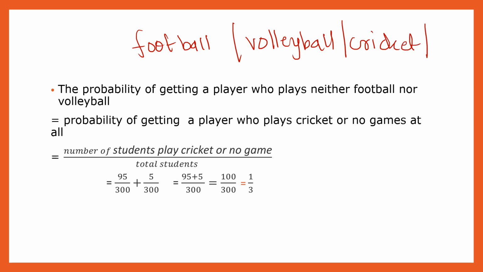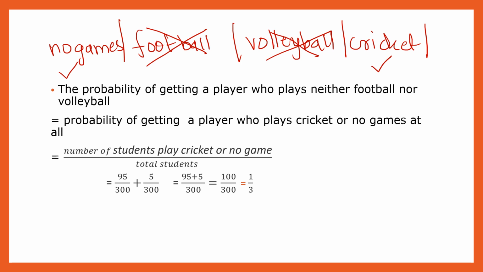And also, we have students who play no games at all. So the question is the probability of getting a player who plays neither football nor volleyball. I don't want the students playing football or volleyball, which means we want only those students who play cricket or the students who play no games at all.